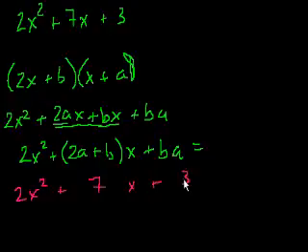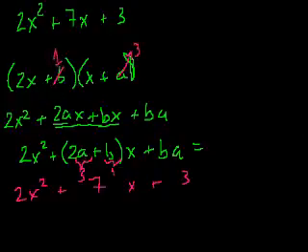So what could a and b equal? See, 2 times a plus b is equal to 7. So if a is 3 and b is 1, 2 times 3 is 6 plus 1 is 7, works, and then 3 times 1 is 3. So b is 1 and a is 3. So this is a 3 and this is a 1.